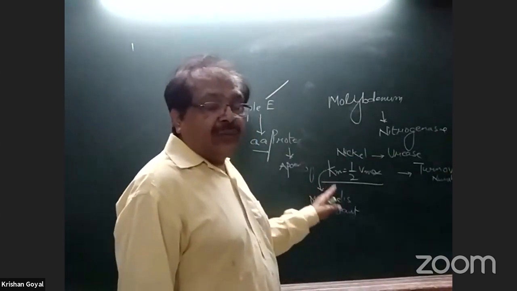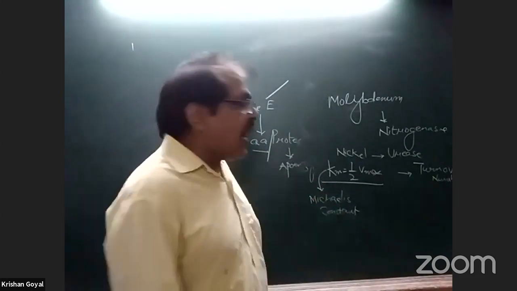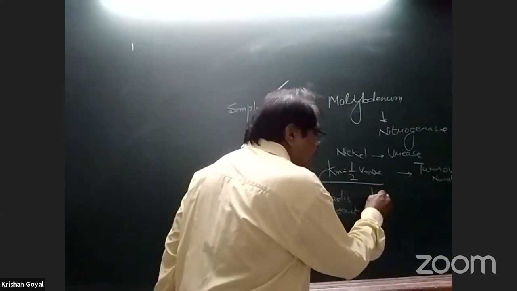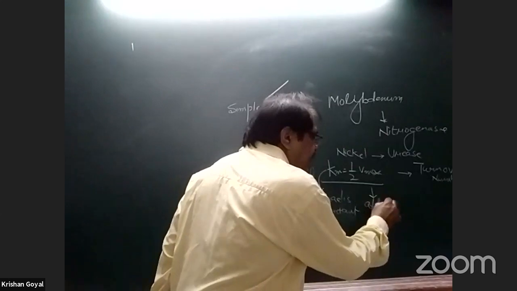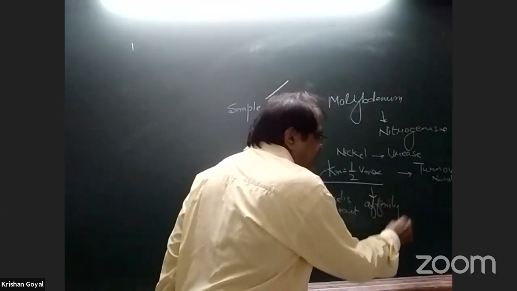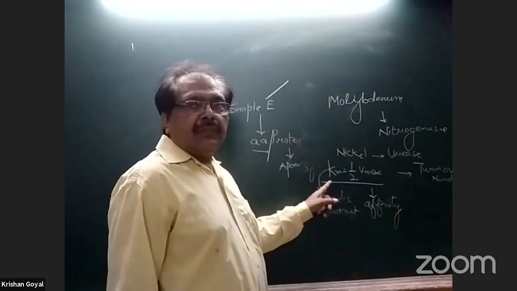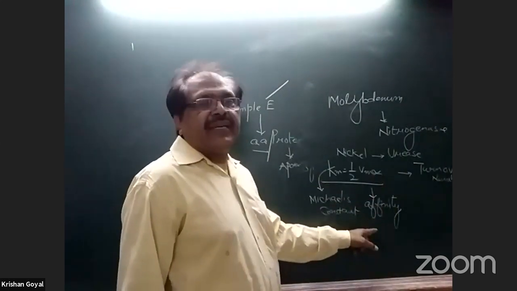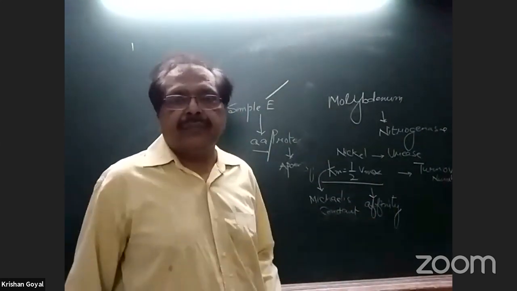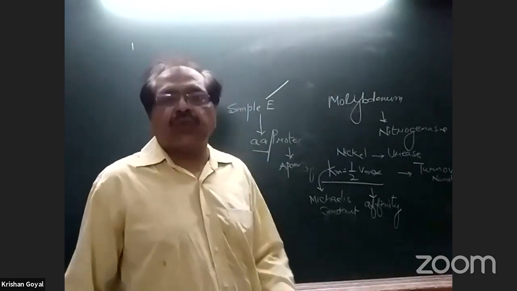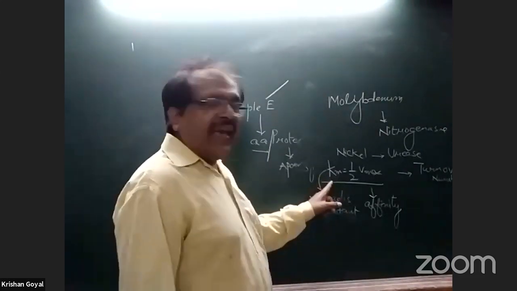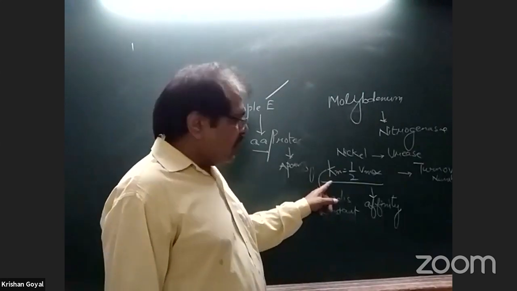This Km value gives the affinity of the enzyme. Please note, affinity. Higher is the Km, lower is the affinity. Affinity means chahat, association. Higher is the Km, lower is the affinity.